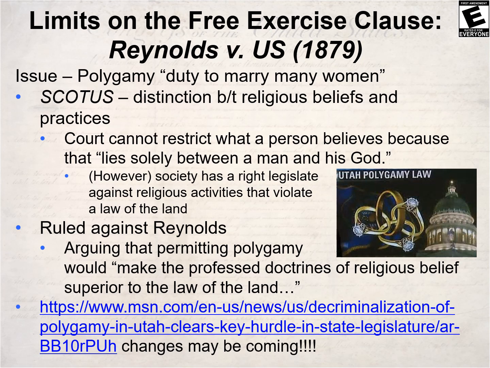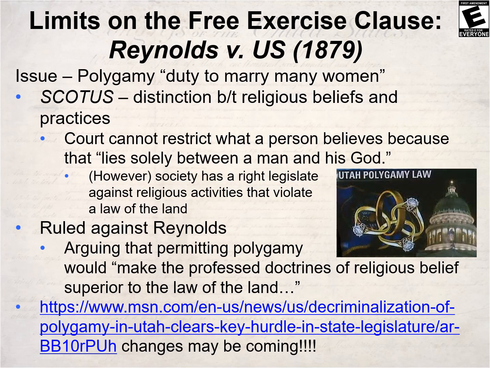Reynolds versus the U.S. There isn't a spot for this one. If you want to write it out to the side, that's fine. This was in 1879, and it dealt with polygamy. Mr. Reynolds had more than one wife. He was charged with breaking Utah law. He said, it's my freedom of religion. SCOTUS got involved, and yet again, SCOTUS is making a distinction between religious beliefs and practices.